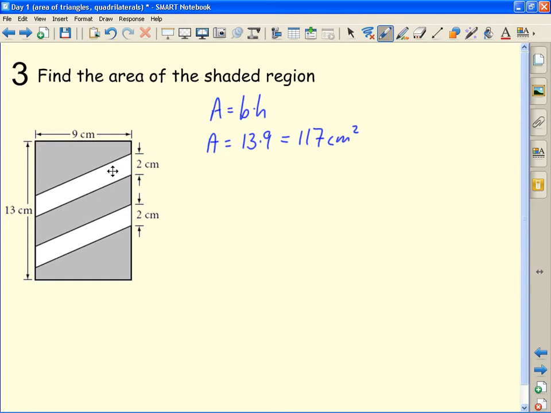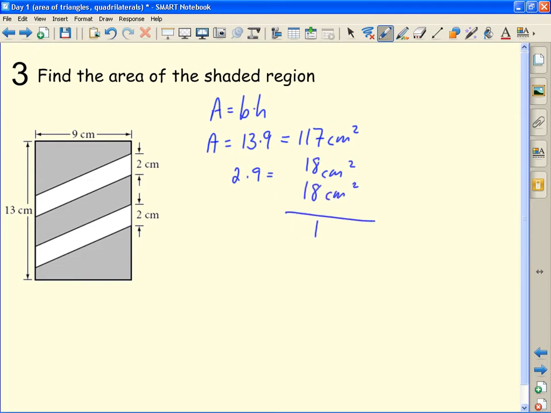Now the question is, what are these two shapes? Well, they look like, to me, parallelograms. The base is 2 and the height between the two bases is 9. So 2 by 9 is the area of one of those parallelograms, which is 18 centimeters squared, but I've got 2 of them, so I have to subtract 18 centimeters squared twice.